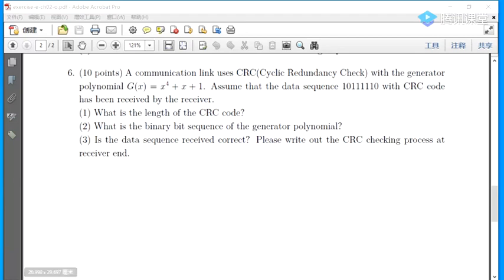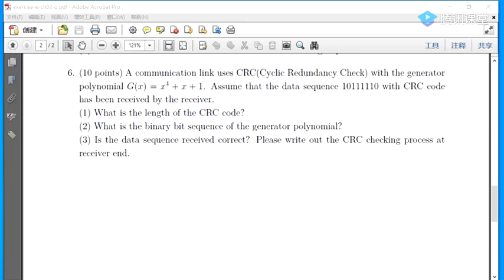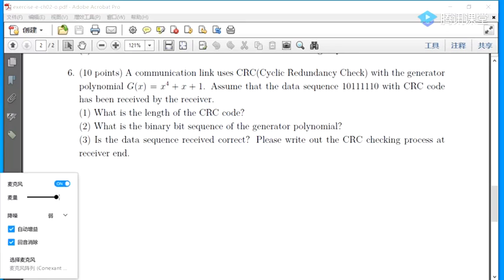Okay, let's have a rest for 10 minutes. Next section, we will continue to illustrate the calculation of this kind of questions.